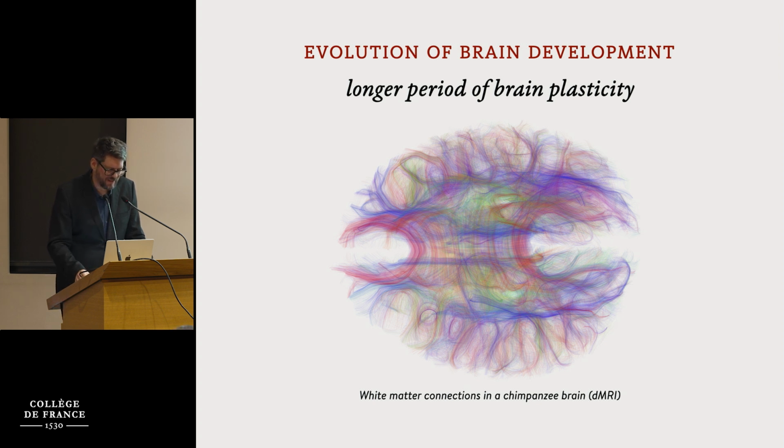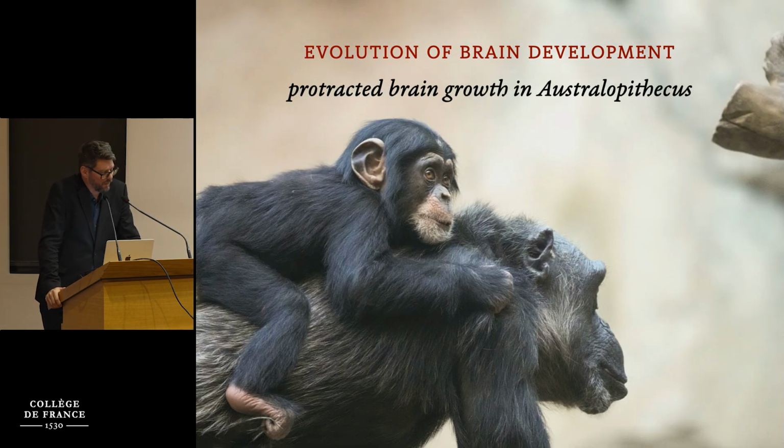in all primates. What's also true in all primates is that if you have a protracted brain growth, that is correlated with a longer dependence on caregivers in the widest sense. In primates, that's usually the mother. In humans, it's usually a larger group.